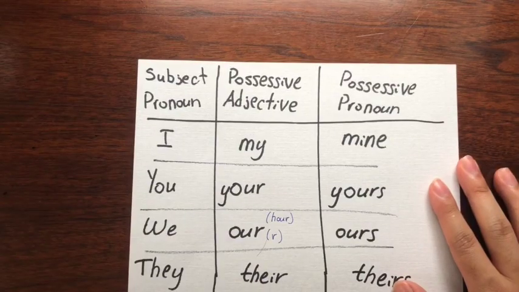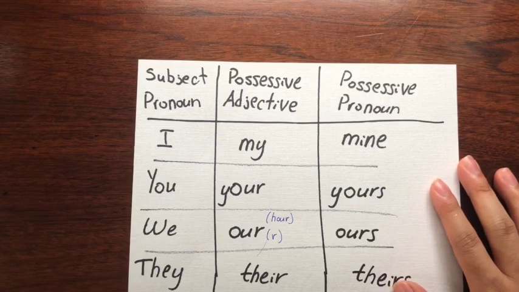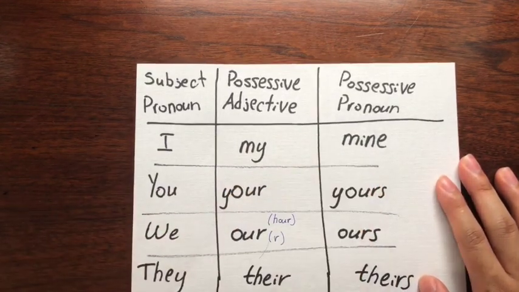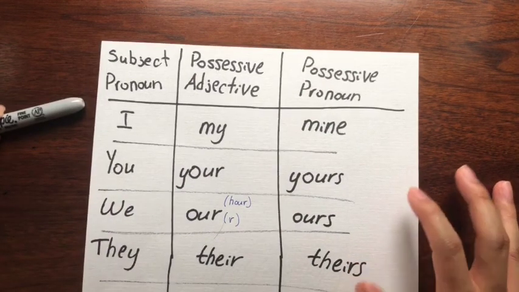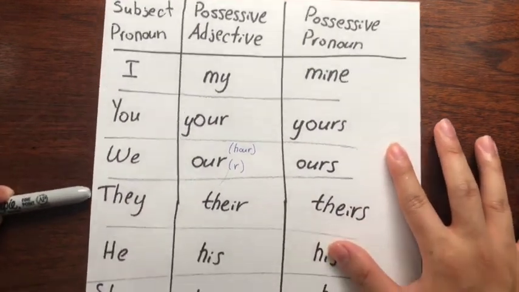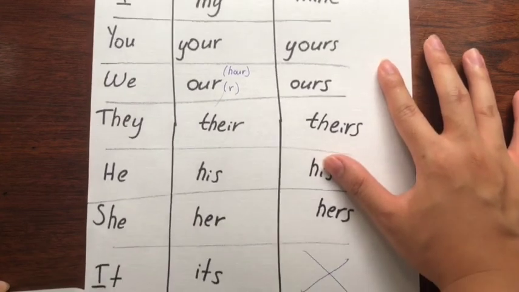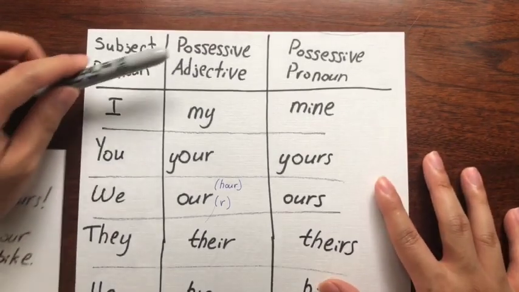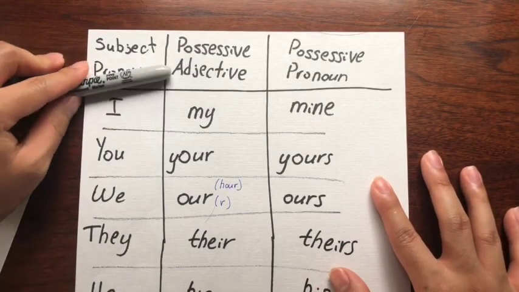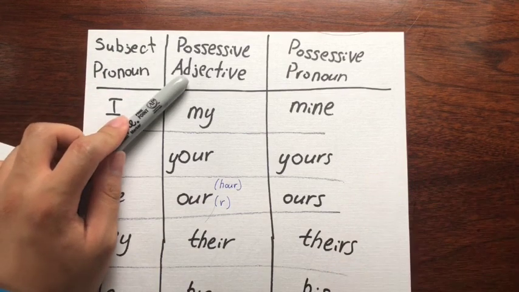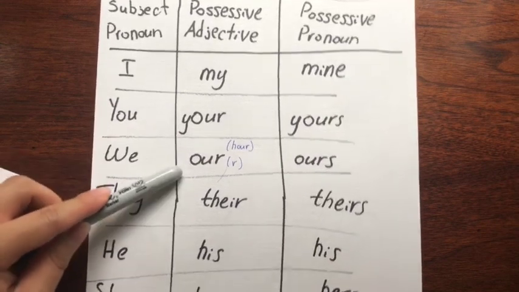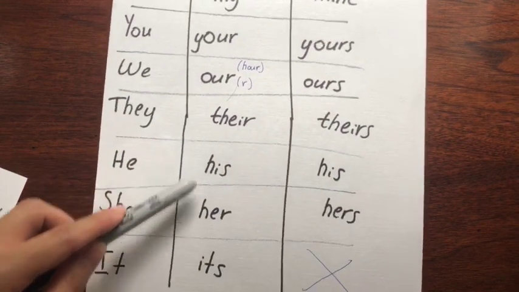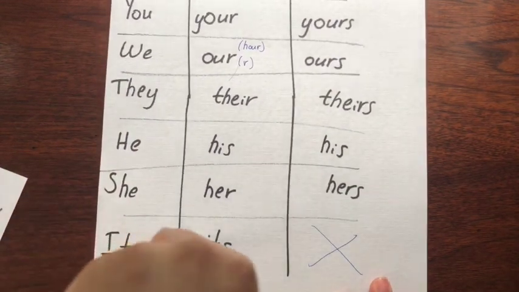Okay, so now let's put the future with the possessive pronouns. So a quick review. We have subject pronouns, I, you, we, they, he, she, it, and we have possessive adjectives. These are the words that go in front of the object. My, your, our, their, his, her, its.